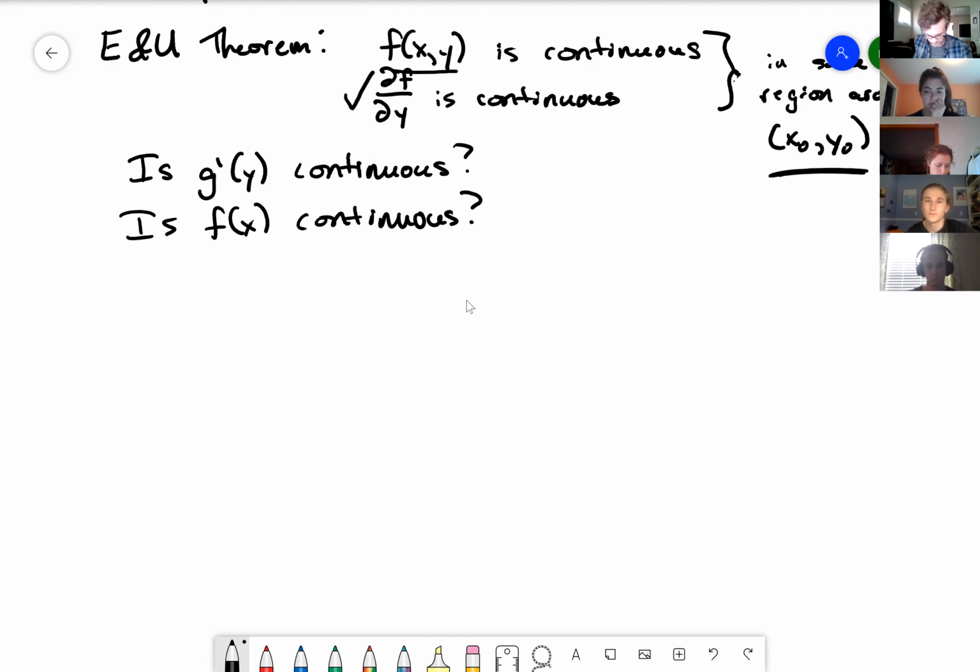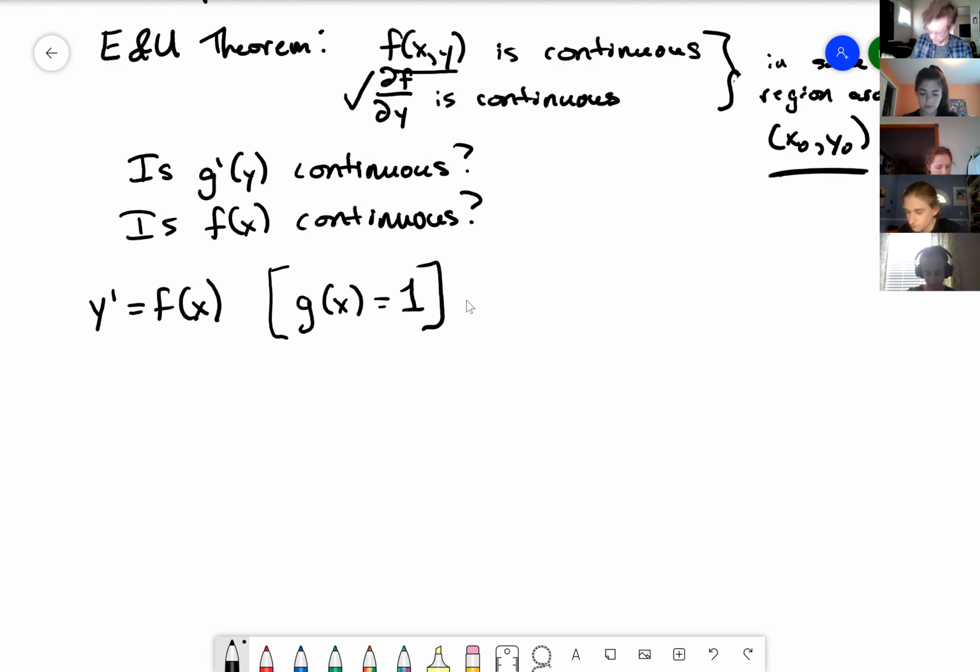Now, let's look at some examples of separable ODEs. So these original easy ones that we had, these are separable ODEs. So when we had y prime is just a function of x, then we had that our g of y is just 1. So this is already written in the form of a separable equation.